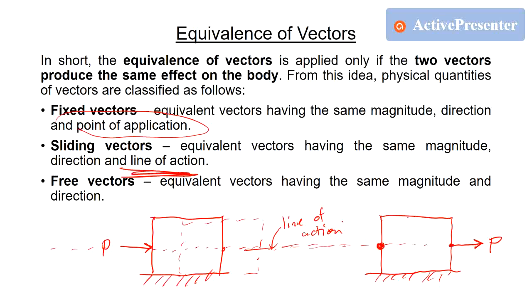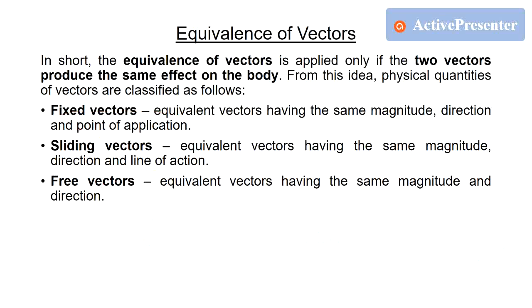The box will have the same response to the force P if you pull it or transfer the force P to the right side, and the box will still go to the right. That's an example of a sliding vector. It is sliding because we can transfer the force P to any point along its line of action. Then we have free vectors.